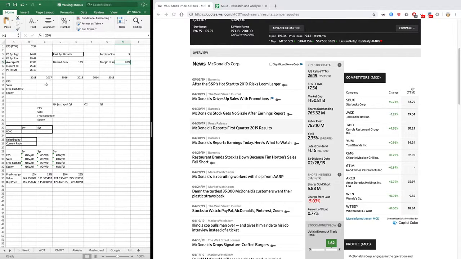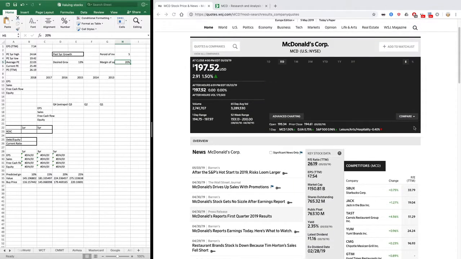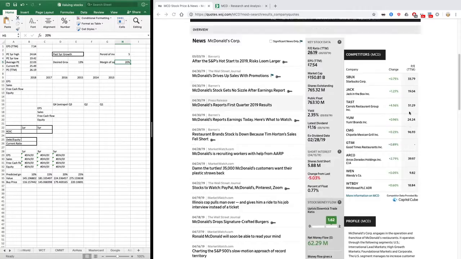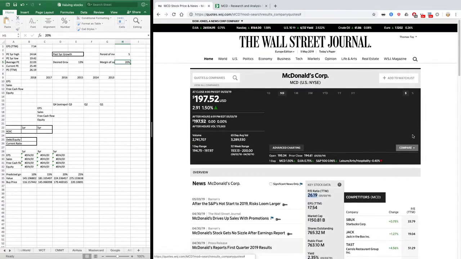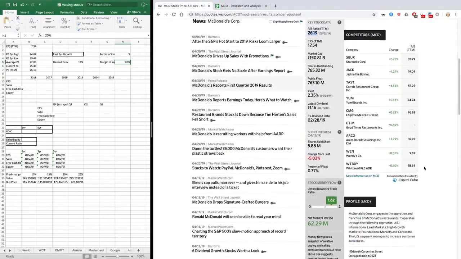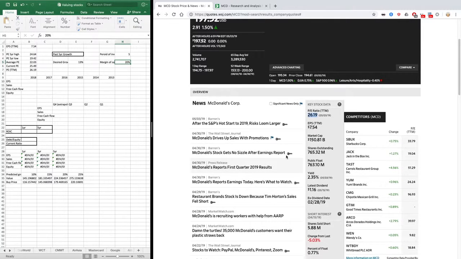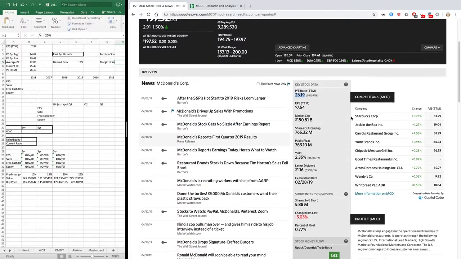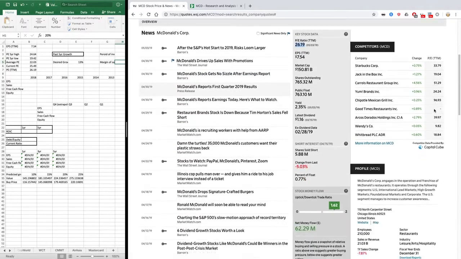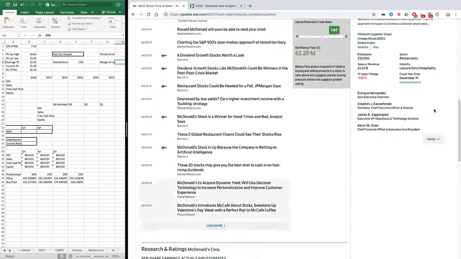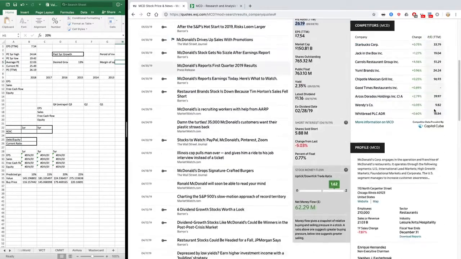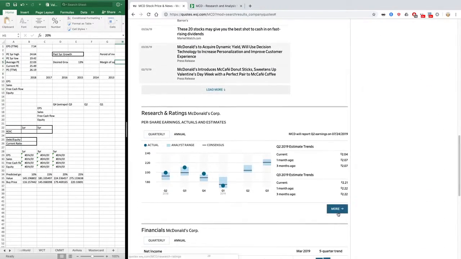So now I'm going to fill in all these four metrics: EPS, sales, free cash flow, and equity, based on the previous years' data. You can find it over here. No, not compare. Where? I find it right here.